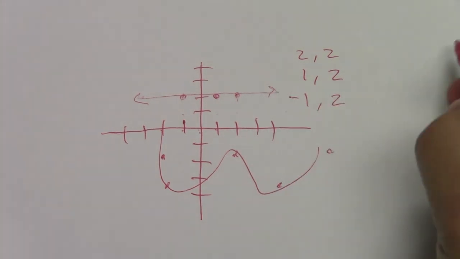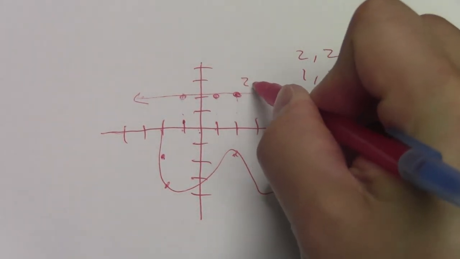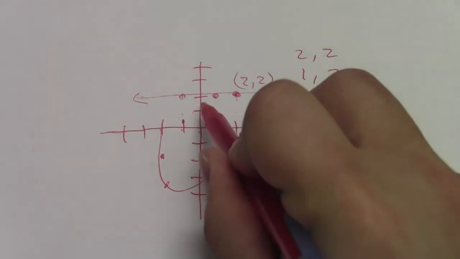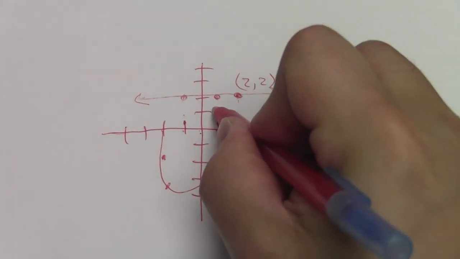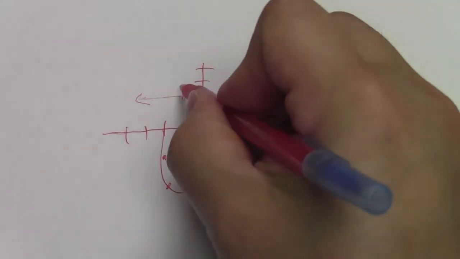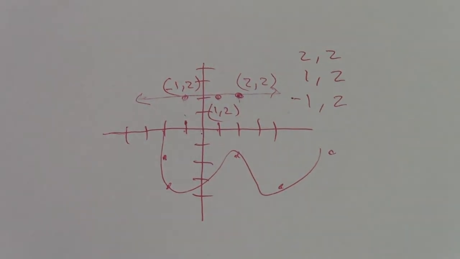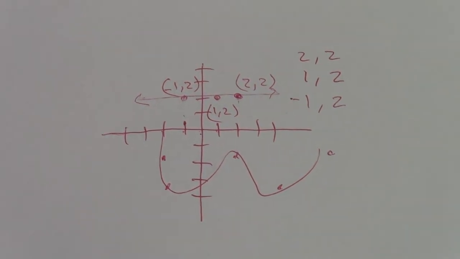Make sure everything is labeled so they know what you're looking at. So this one is 2, 2, and this one is 1, 2, and this one is negative 1, 2. If you do something like that, you should be okay. All right, good luck.